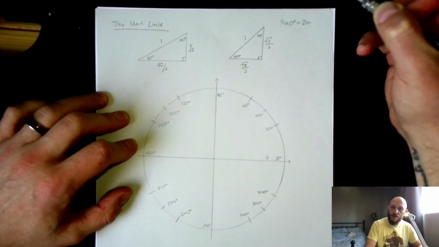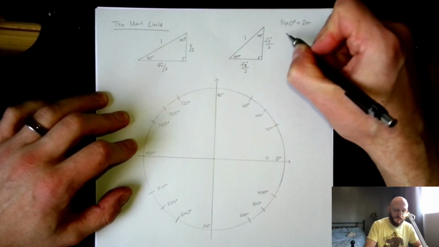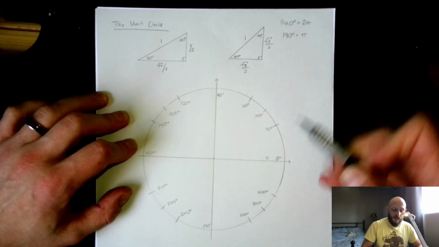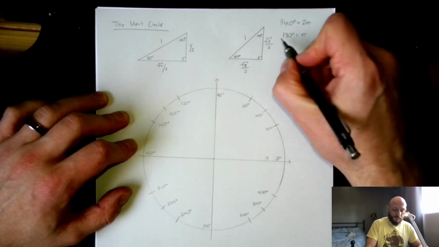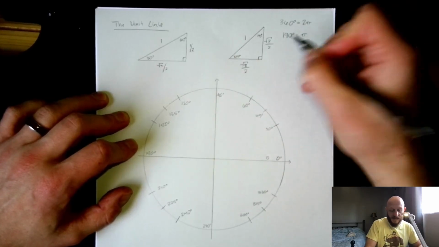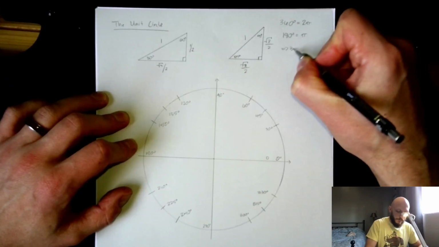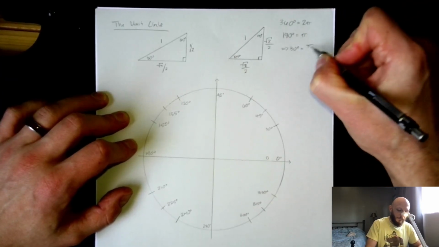This is an equation, so we can manipulate it. Divide both sides by 2, 180 degrees equals pi radians. So 30 degrees is 180 divided by 6. So from this, 30 degrees is pi over 6.